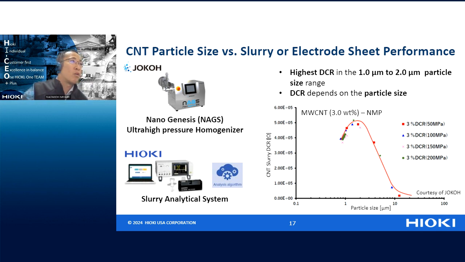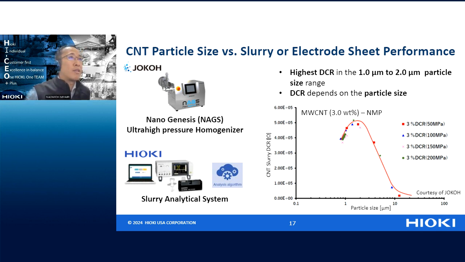This homogenizer applies preset pressure to materials in the system, and the flowing particles collide repeatedly until they get to the desired size.